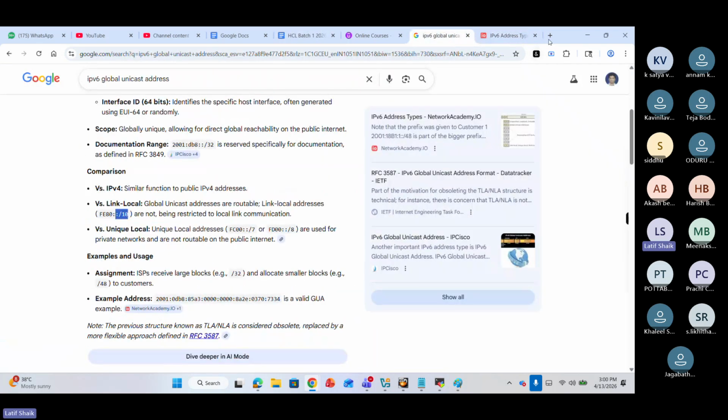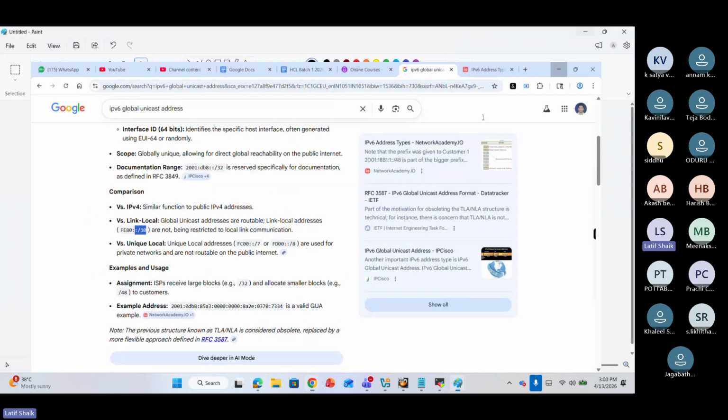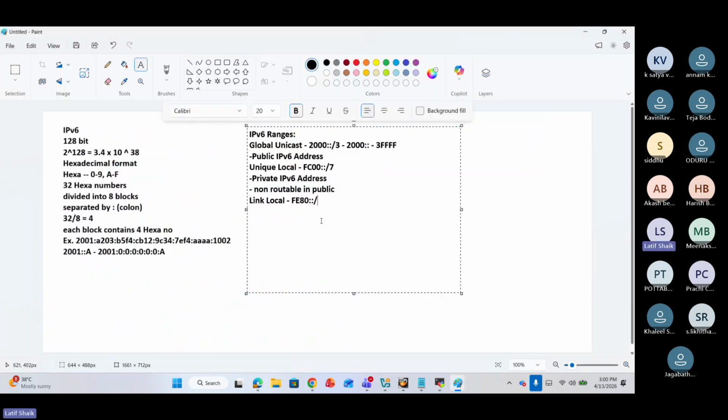We said /10, but there is some confusion between 7 and 10, so I will take 10. This is a private IP address, but it is actually non-routable in both private and public.